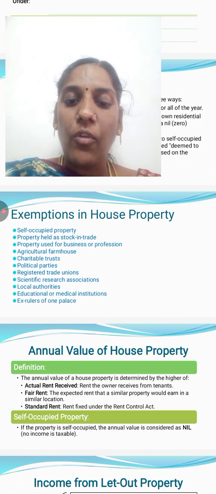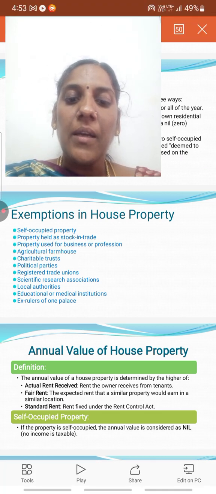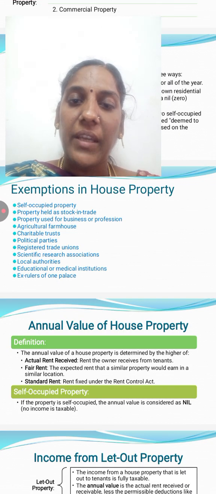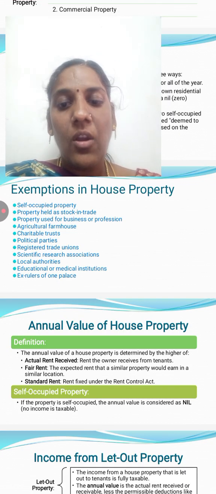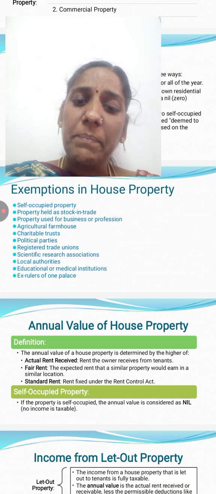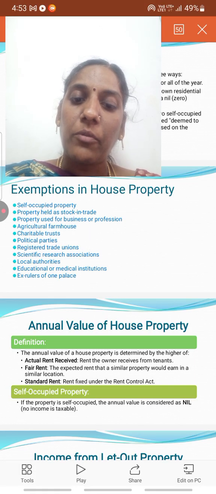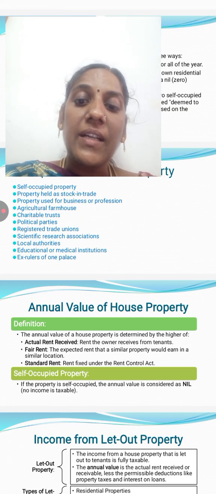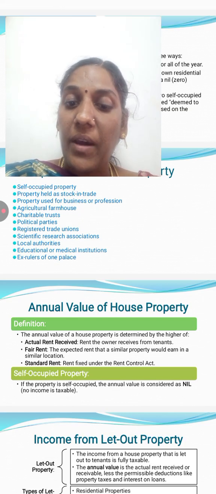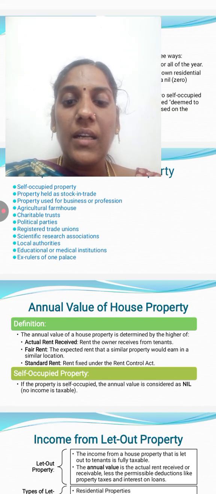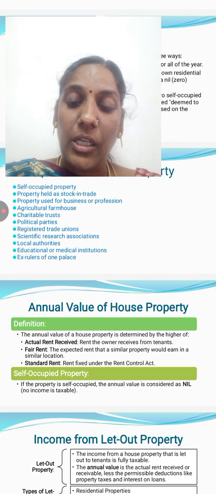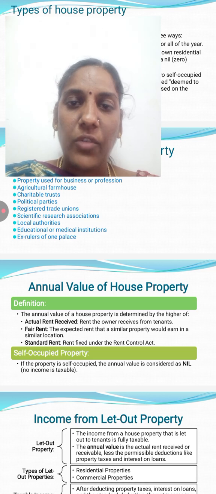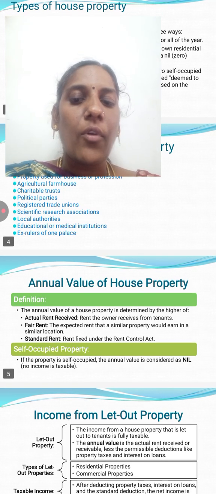The annual value of house property is determined by the higher of the actual rent received by the owner from the tenant, or the expected rent that a similar property would earn in a similar locality, or the standard rent fixed by the Rent Control Act.